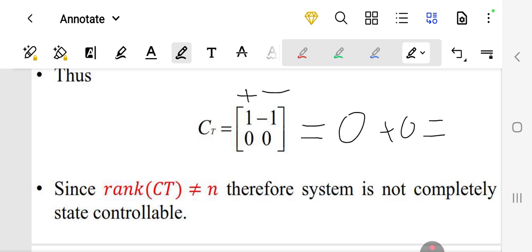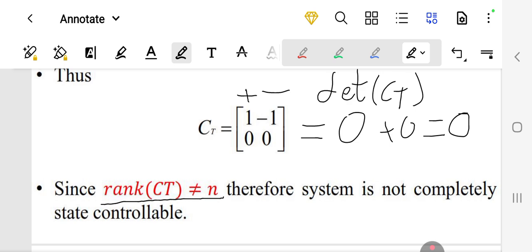Then the determinant of the controllability matrix equals 0. Then the rank of the controllability matrix is smaller than n and not equal to n. Then the system is not completely state controllable. We have some states of the system that we cannot control using the control input u.